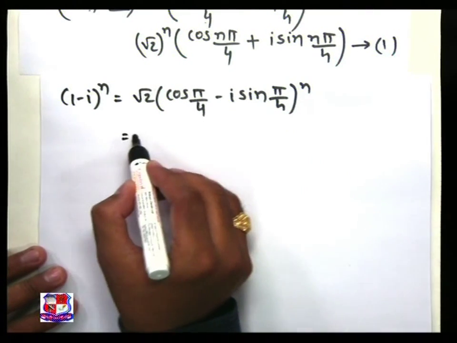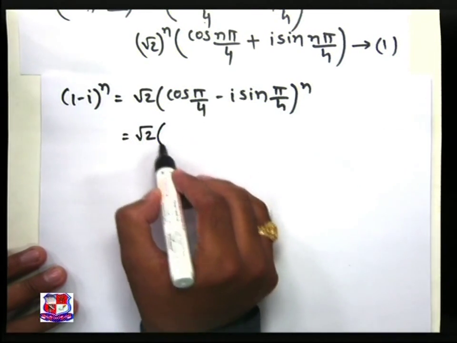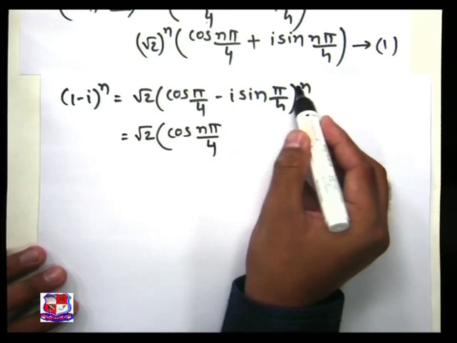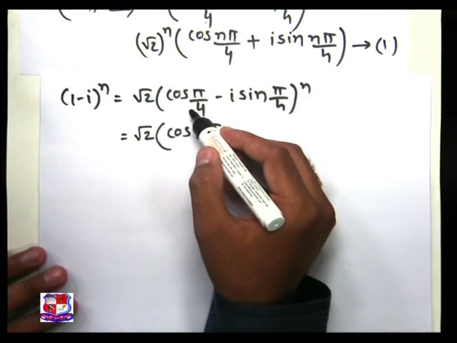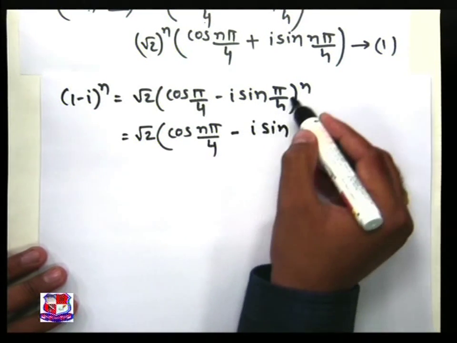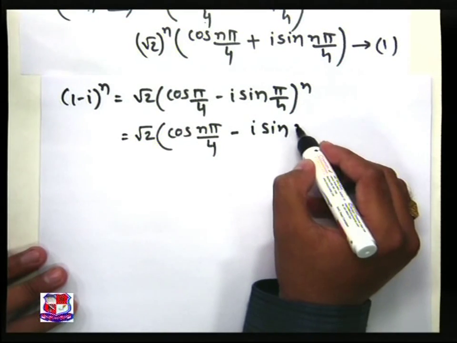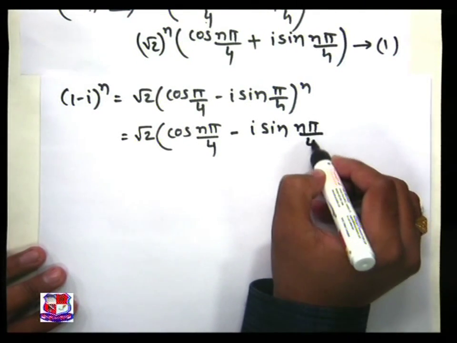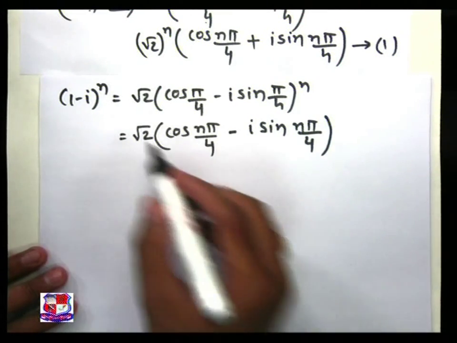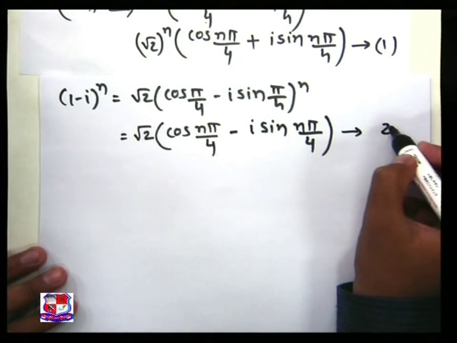We can easily simplify it: (√2)^n, cos nπ/4, power multiplied with angle, minus i sin nπ/4. So this is our equation number 2.